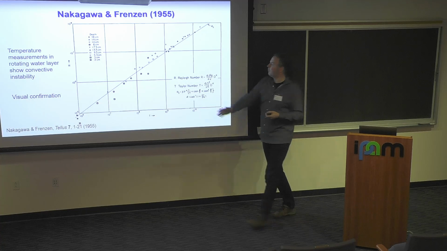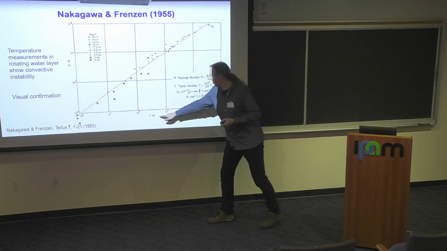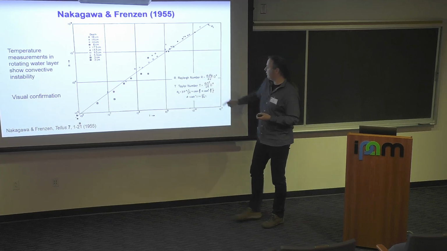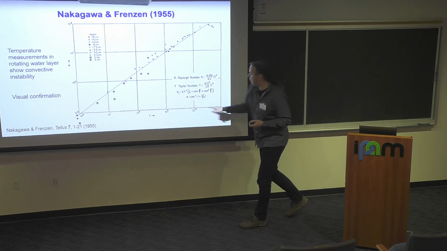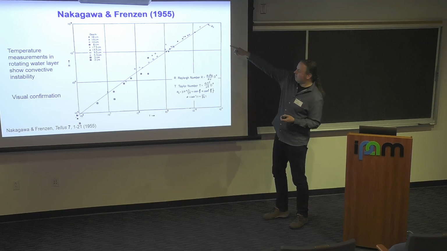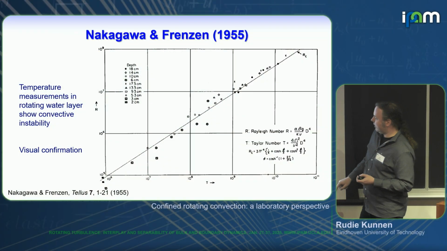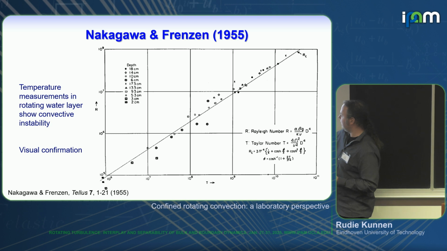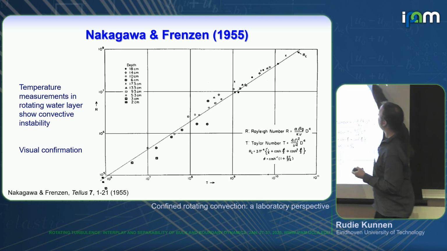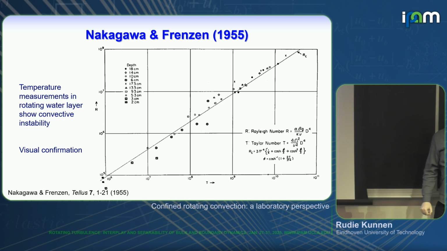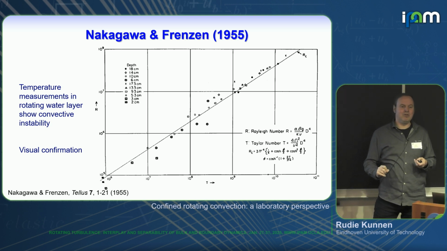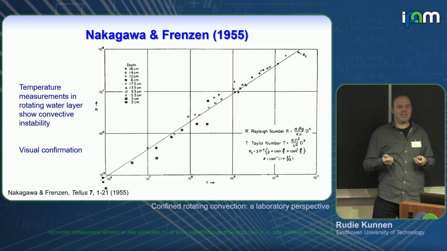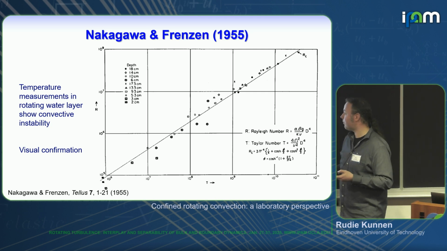And this gives this very nice diagram with, once again, the Taylor number, which is actually the inverse square of the Ekman number. So rotation increases to the right. And the critical Rayleigh number before convection sets in clearly nicely matches the prediction from Chandrasekhar, the line. Note the emphasis that they used basically bulk measurements to check for onset of convection.